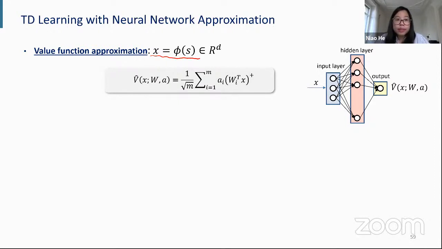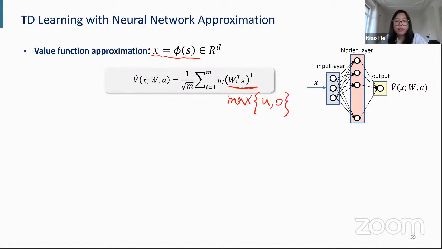And I'm going to consider the following function approximation for your value function V, which I denote as V hat. V hat is given by 1 over square root of M times the summation of some coefficients a_i times this rectified linear unit. And by this plus sign here, this really refers to taking the max between a given vector u and 0.